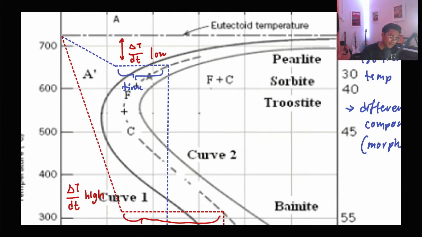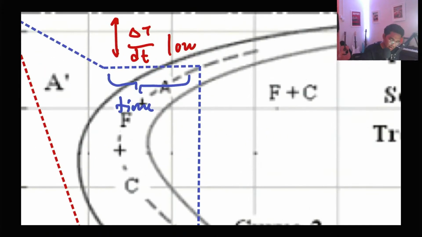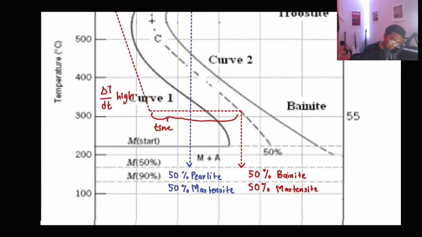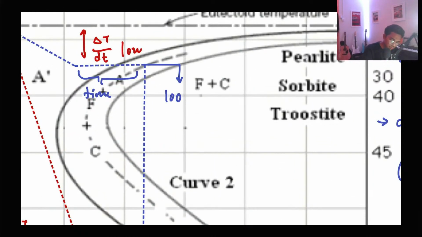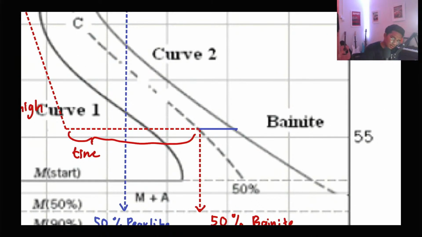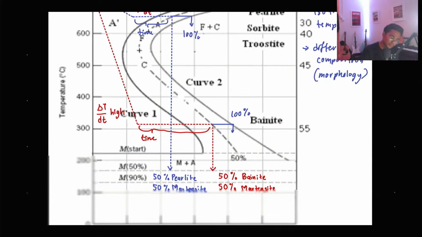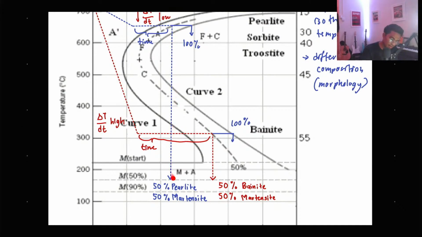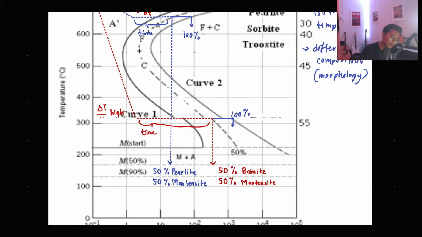So what does that mean? It means that if we wait more, you would have 100% pearlite. If we wait more here, you will have 100% bainite. But sometimes you desire something else, such as 50% pearlite.